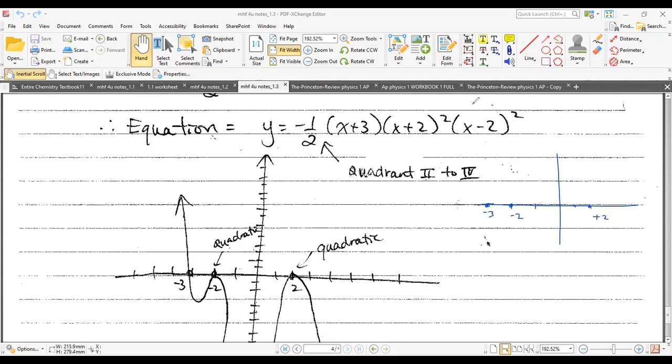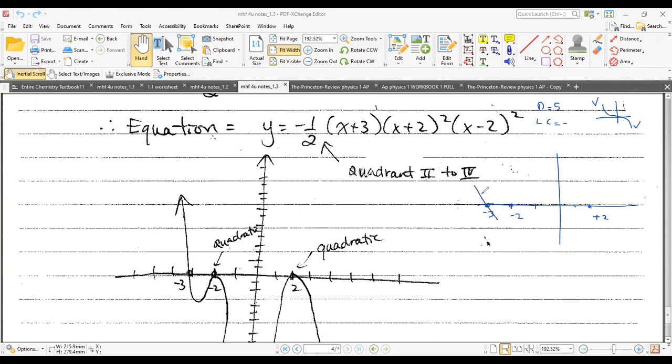Since the degree, 2 plus 2 plus 1, is degree 5, the leading coefficient is negative, right? An example is going to be -x power 3, like that. Start from this quadrant and here. So you start here. Because the power is 1, you have to pass through it like a straight line.